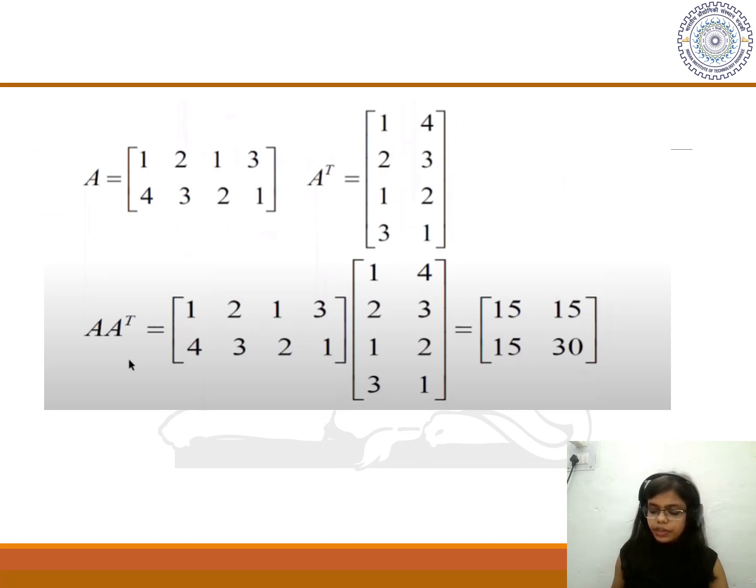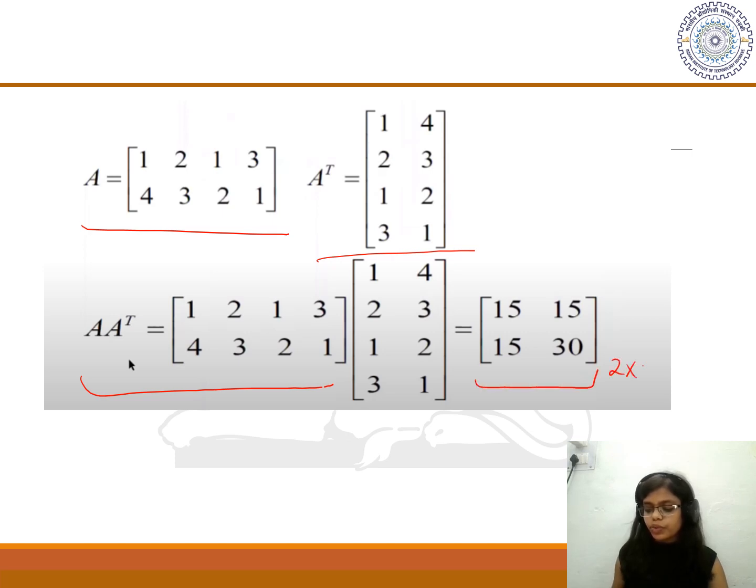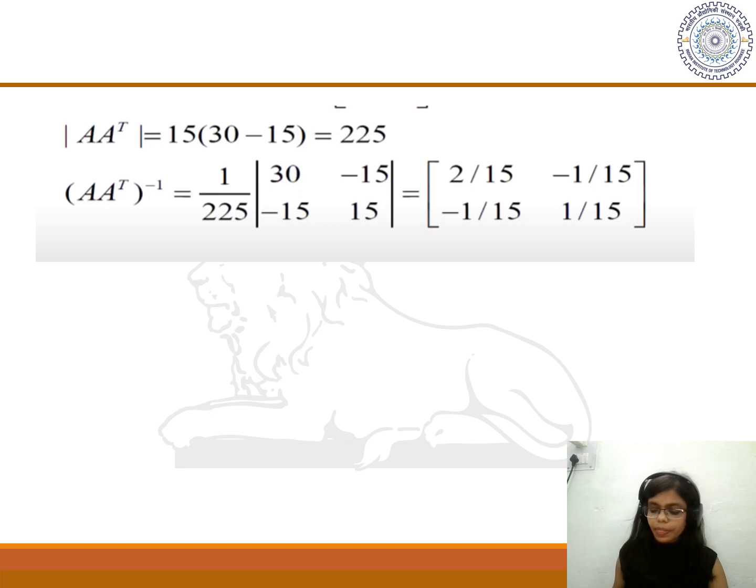First of all, here we have A and A transpose. We can simply find A into A transpose, just simple multiplication. Here we came up with a 2 cross 2 matrix. Now, furthermore, we are going to find the determinant of this matrix, that is also simple.